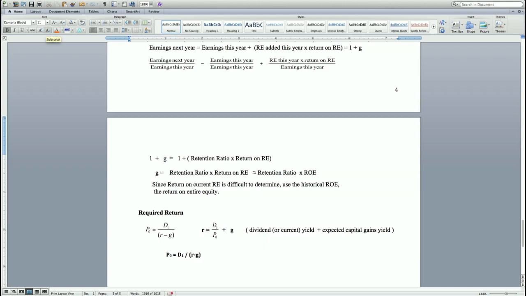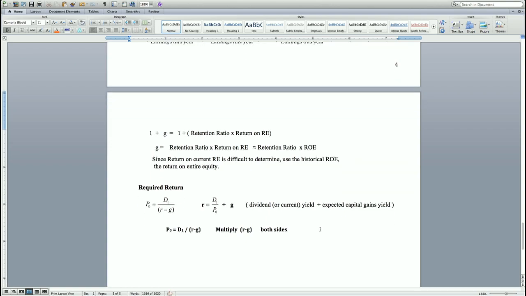So here, multiply R minus G both sides. Then what happens? Left one we have R minus G multiply P0.